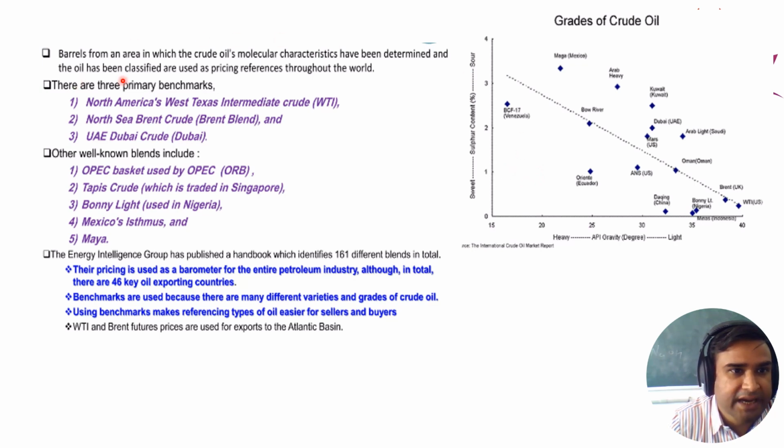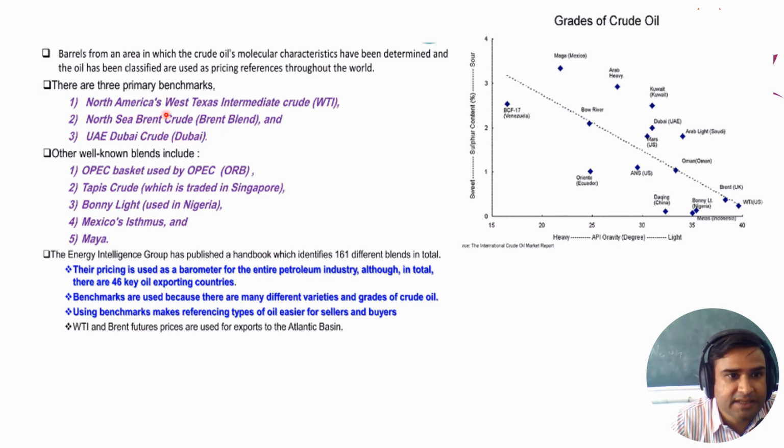Now the barrels from an area in which the crude oil molecular character has been determined are classified and used as a pricing reference throughout the world. For pricing reference, these are the types of crude oil that are characterized. There are three primary benchmarks to characterize the crude oil based on their pricing.